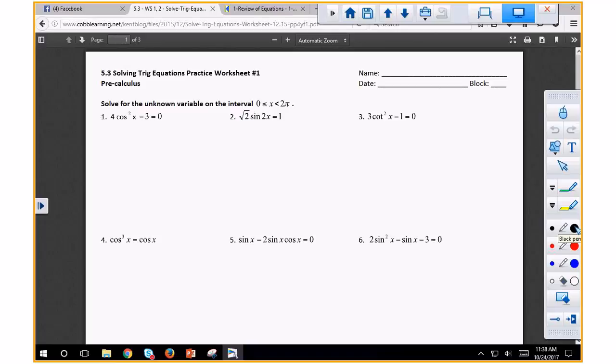Now you should be able now to go from algebra to trig and not skip a beat. No, you're going to sit there and stare at it for 15 minutes. What am I supposed to do with that cosine squared? Go ahead and do number 2 while you're at it.